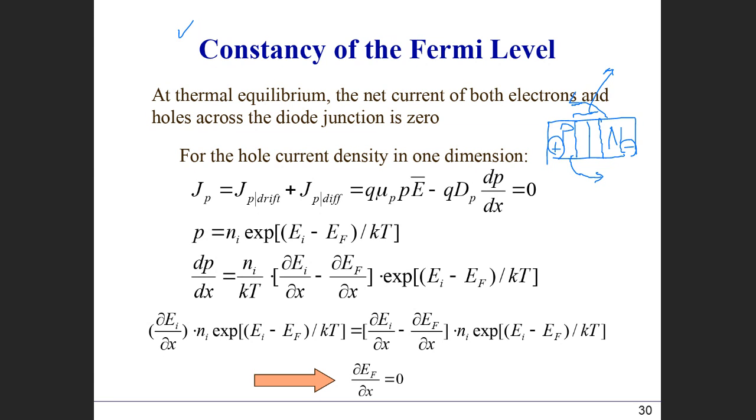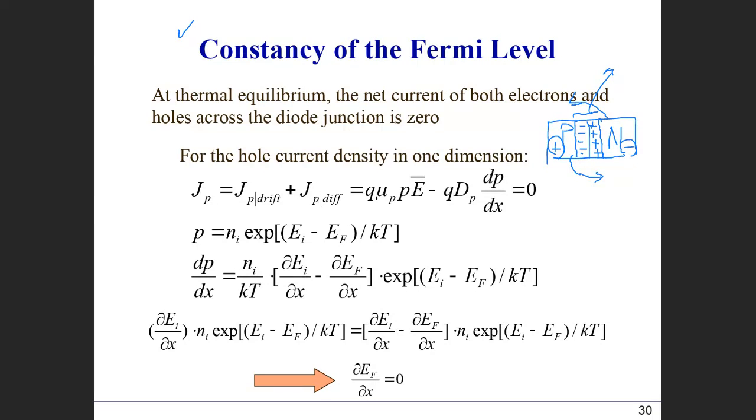When the electrons and holes move and recombine, they leave behind the corresponding dopant ions. So in the n side, the positive dopant ion remains, and in the p side, the negative dopant ion remains.